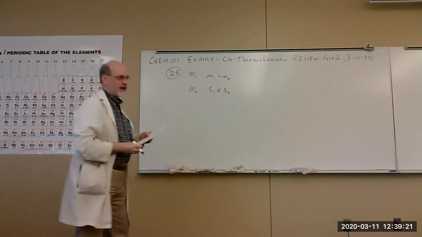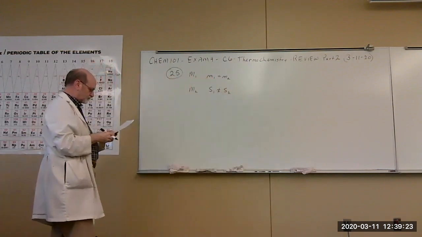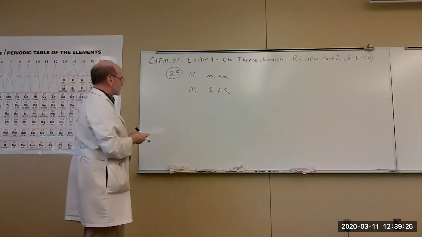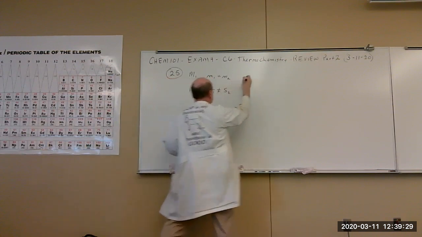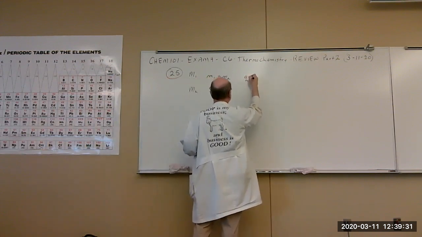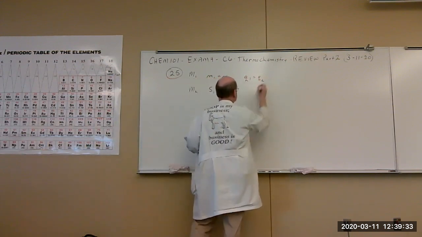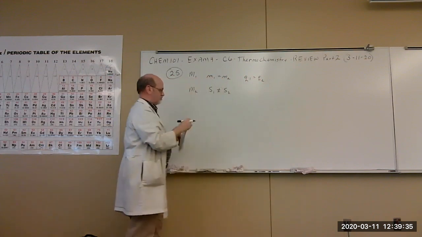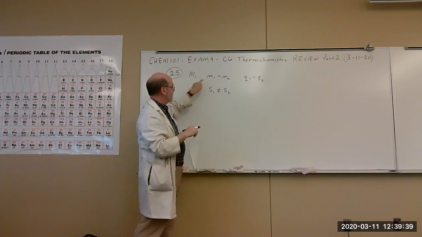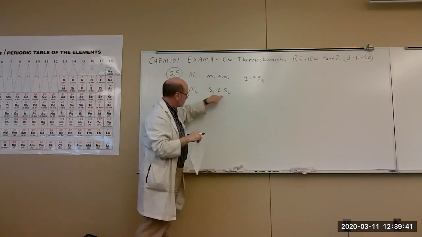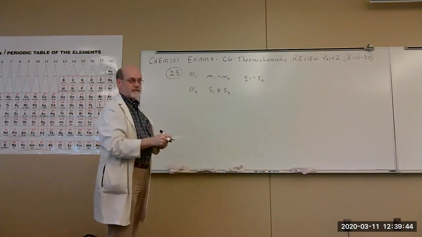They have different heat capacities. And they're subjected to the same amount of heat. So the Q1 equals the Q2. We add the same amount of heat to each one. They're the same mass, but they're different heat capacities.